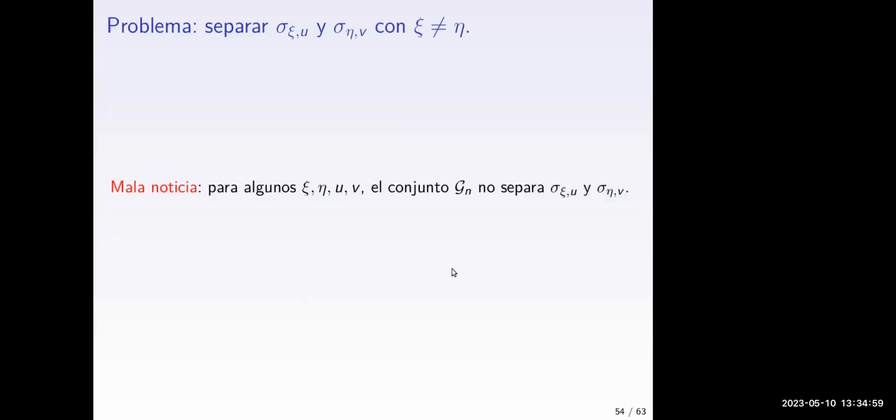But we have a problem with the separation with different frequencies. This is bad news for us because we could not separate these pure states with these different frequencies. Why?